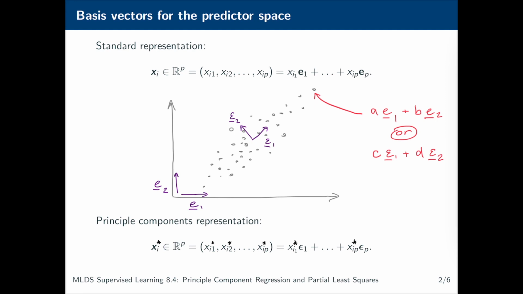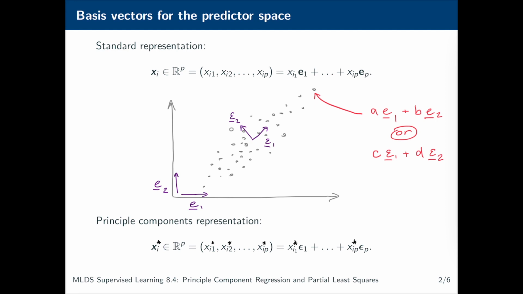What we'd like to do is come up with some other representation of points in this predictor space that again lets us represent any combination of predictors, but instead of our directions being chosen arbitrarily to align with the particular things that we're measuring, we'll have them instead align with the directions of greatest variability within our data. As you might recall from the applicable maths course, these are going to be the principal components of our predictors.